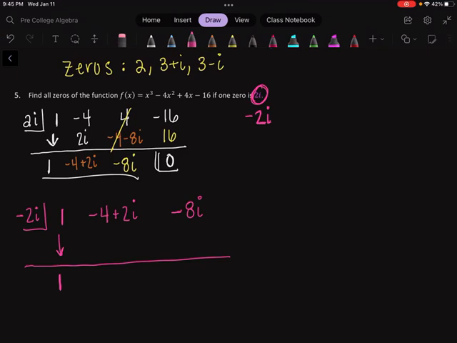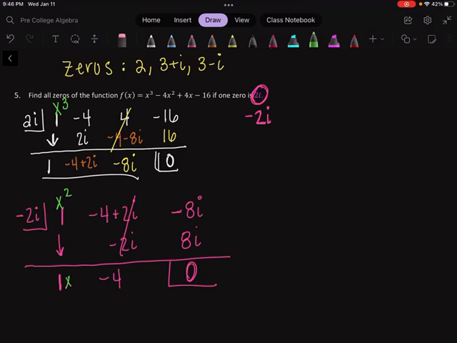Drop down the 1. 1 times -2i is -2i. So that cancels. So this is a -4. And then -4 times 2i is positive 8i. And that becomes a 0. So up here, I started with an x to the cubed. This became x squared, if I were to decrease my degree.